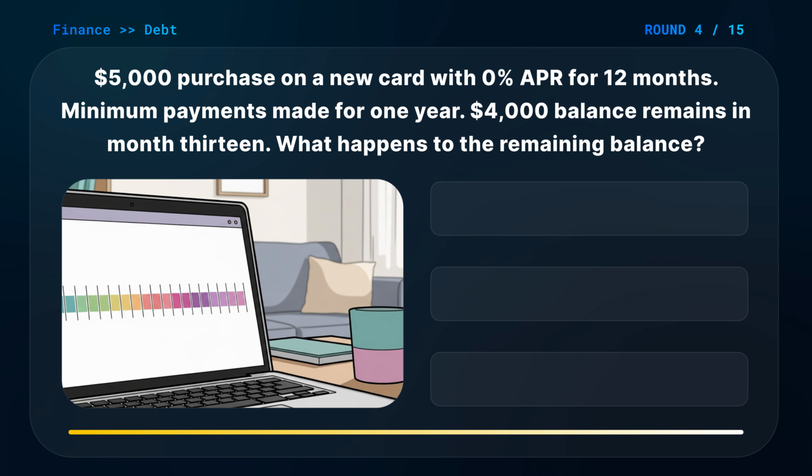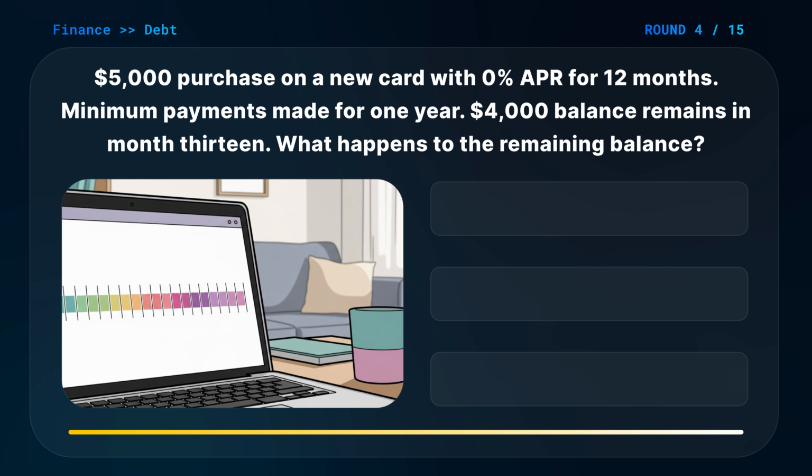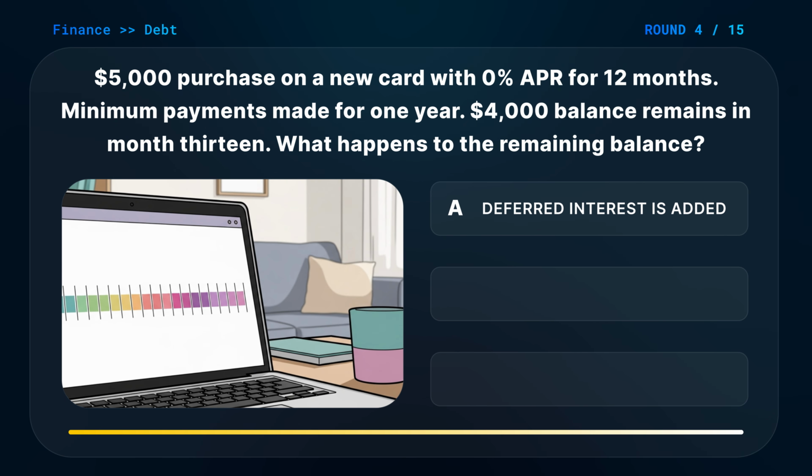Pay attention. You need to make a $5,000 purchase and use a new credit card offering 0% APR on purchases for 12 months. You make only minimum payments for the first year. At the end of the 12 months, you still have a $4,000 balance. What happens to the remaining $4,000 in month 13? A. The full 12 months of deferred interest is added to the balance.